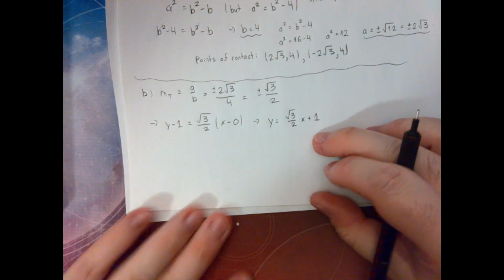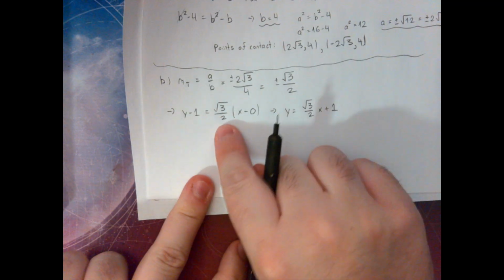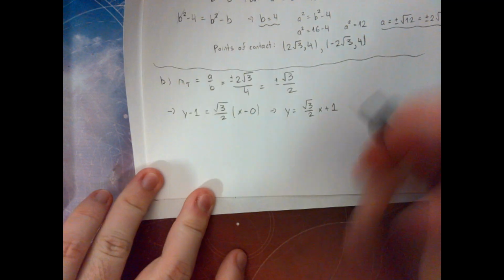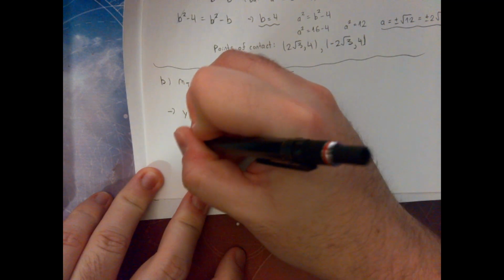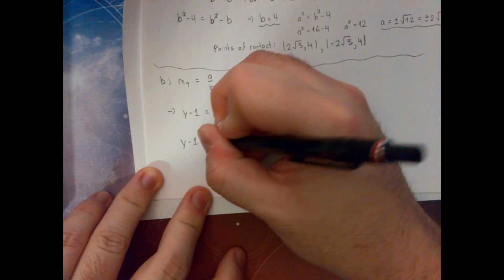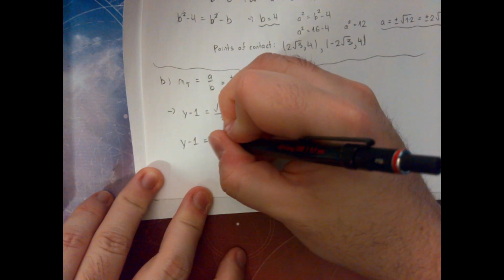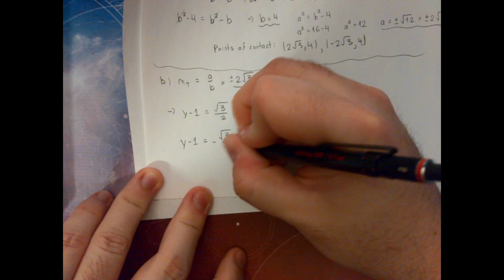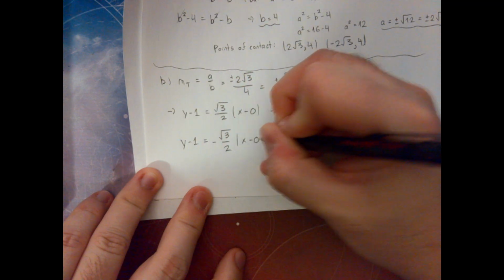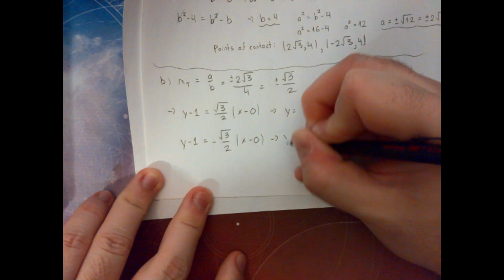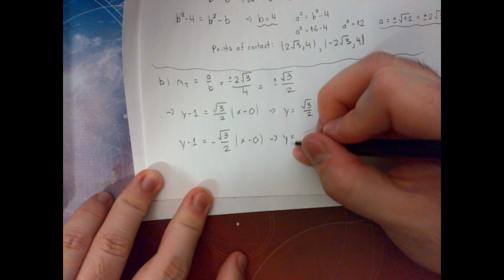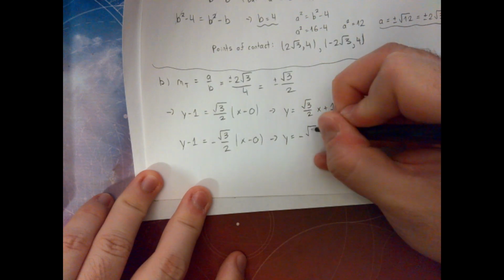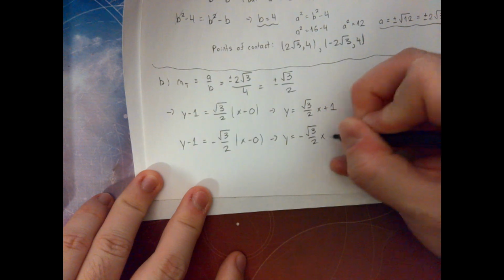And I just rinse and repeat the process. The only small change is this slope is now going to be negative instead of positive. Y minus 1 is equal to negative root 3 over 2 x minus 0, which when I rearrange into the same form, y is equal to negative root 3 over 2 x plus 1.